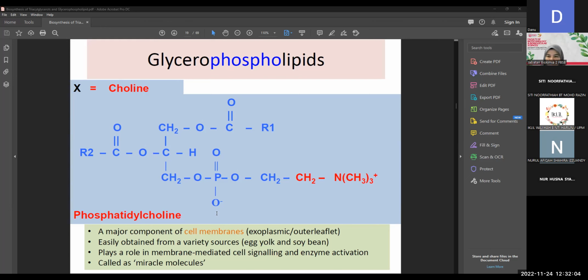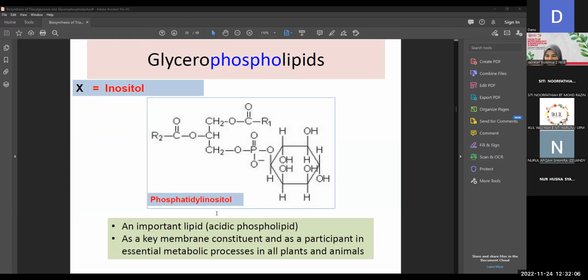So this is the phosphatidylinositol that I mentioned just now. Inositol has this ring structure. When inositol is attached to the phosphate group, we have phosphatidylinositol.